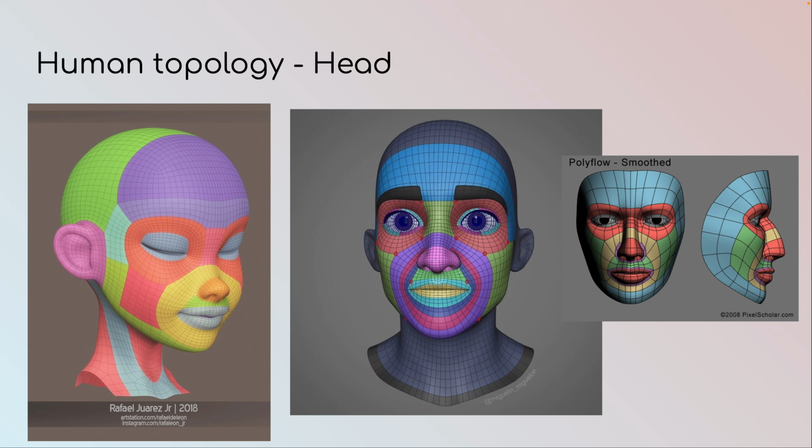Then you also have the lip loop over here, and then one for the top of the lip as well. And then you have this huge blob of just regular mesh around your cheeks as well. So yeah, those tend to be how people section off parts of the face.